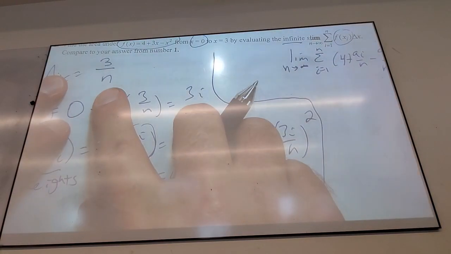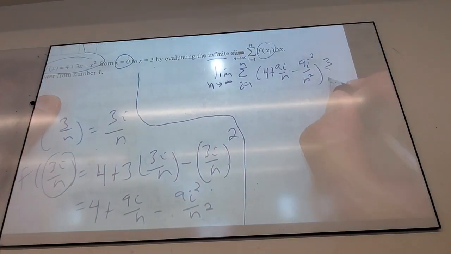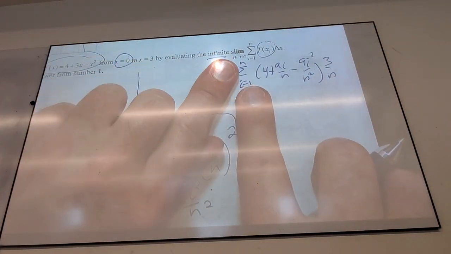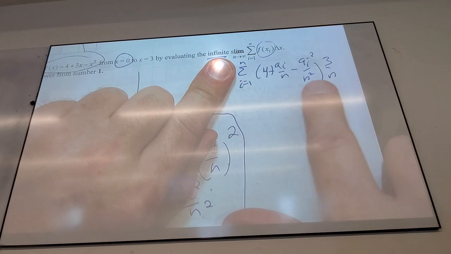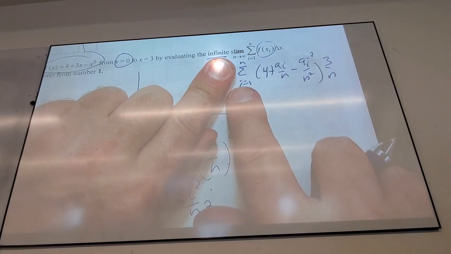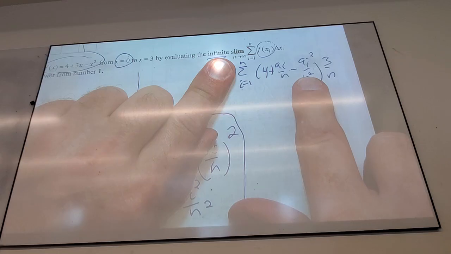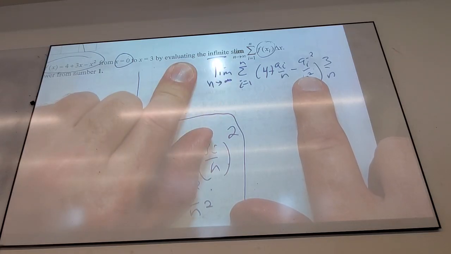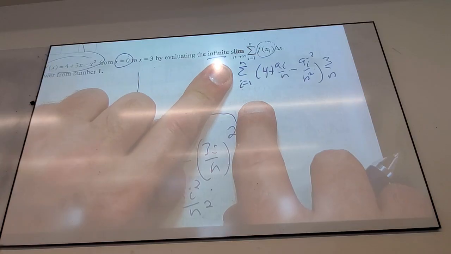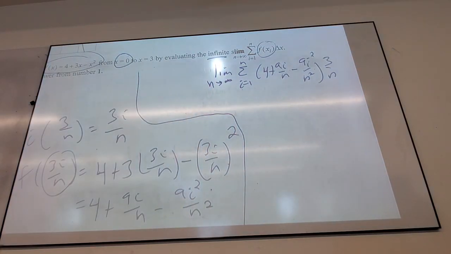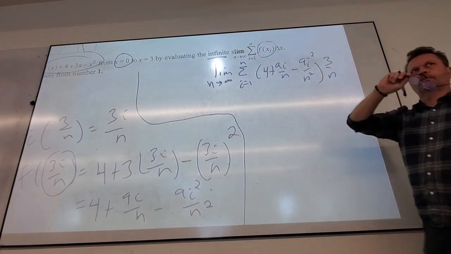Delta x is my width. So I'm adding a bunch of areas of rectangles, yes? And the last thing I worry about doing is letting the number of rectangles go to infinity. So this you can basically forget about until you're done simplifying the sum.